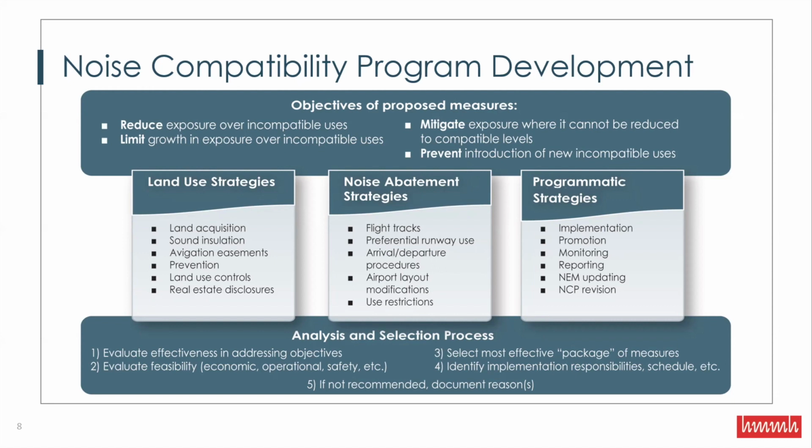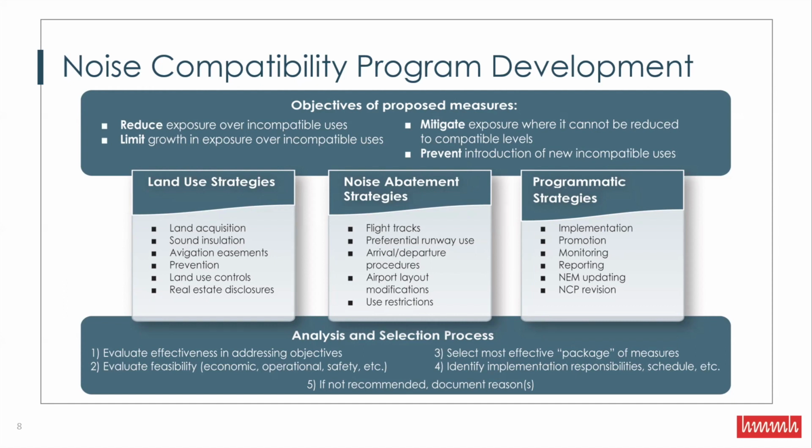And then under land use strategies, you first look at noise abatement strategies, try to reduce the number of people exposed to aircraft noise, and reduce the number of incompatible land uses. But for those that you can't address completely with noise abatement strategies, you then turn to land use strategies such as land acquisition. Maybe you want to buy the properties and make them compatible with the aircraft noise they're experiencing, such as more of an industrial type use of the property, like warehouses or things like that.